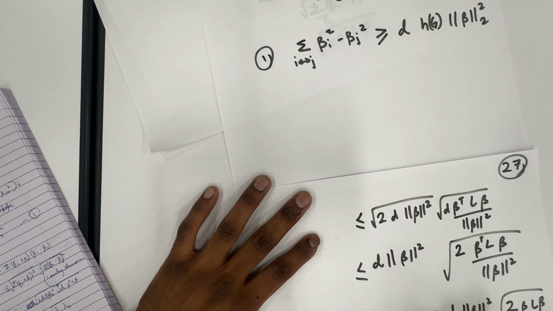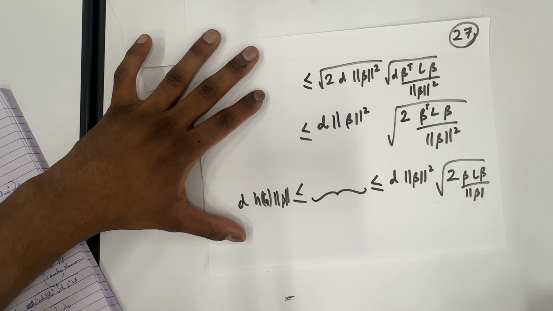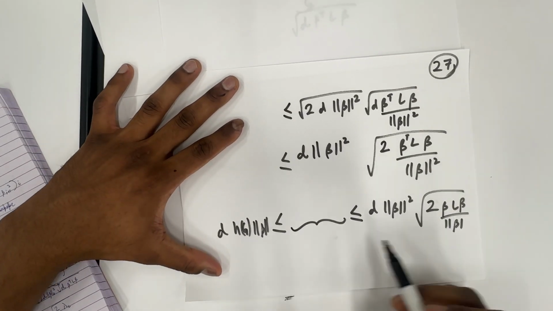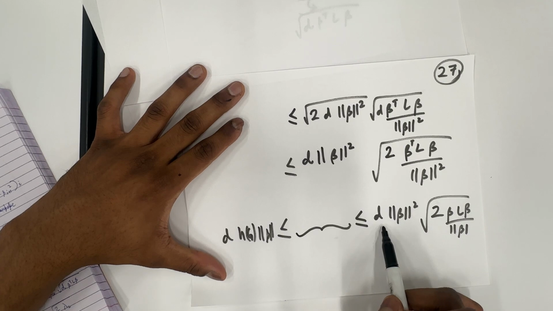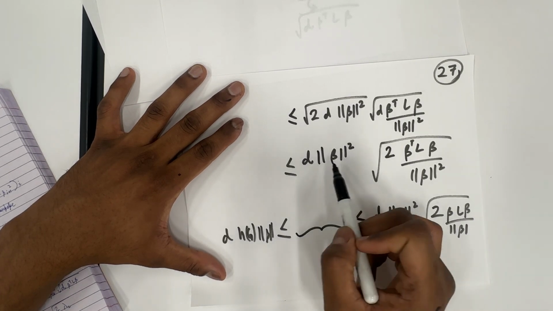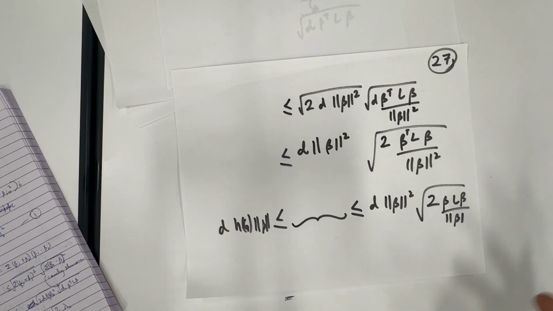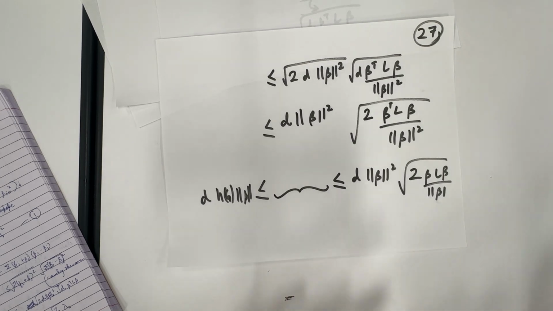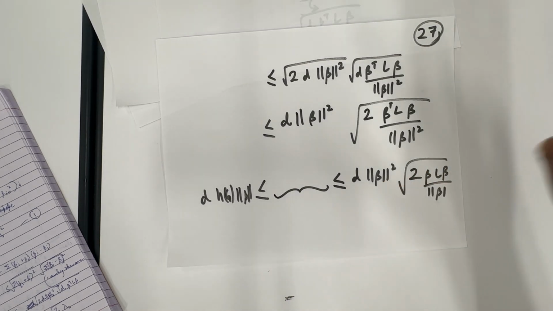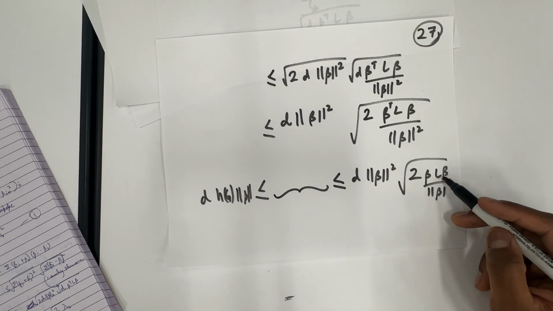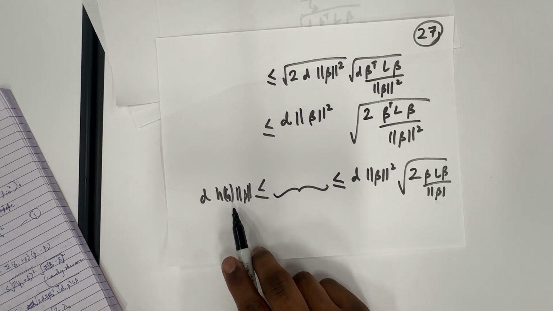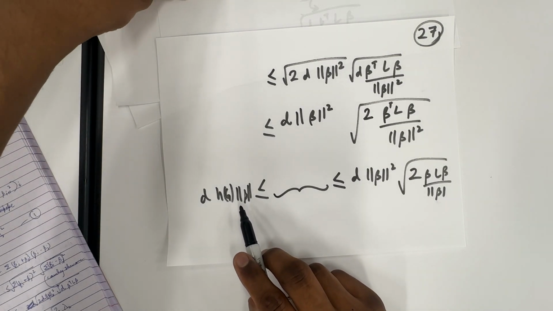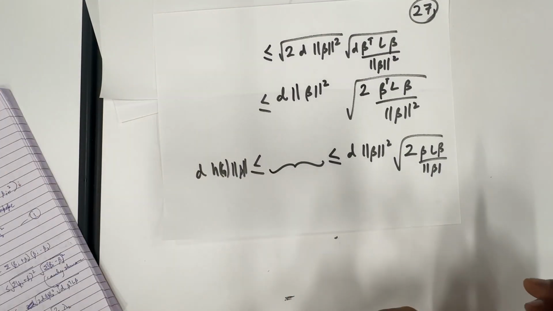So d and d can cancel, norm beta and norm beta can cancel. The intermediate quantity was less than d times whatever, and how did we prove the right hand side? By a plus b, a minus b, Cauchy-Schwarz, a minus b whole squared, and then the sum and beta transpose L beta. And how did we prove the other side? This was simple, by taking the telescoping sum over all the level sets, right?